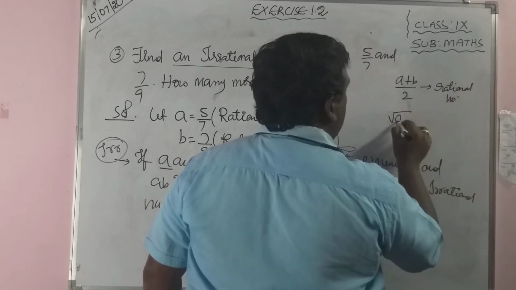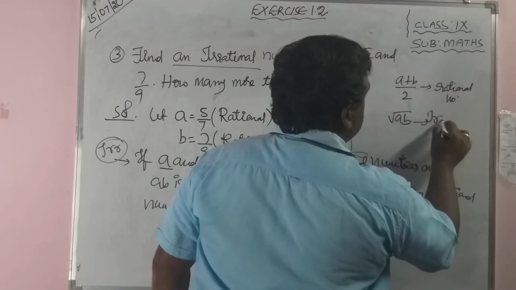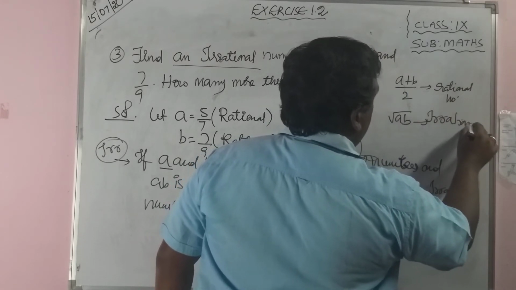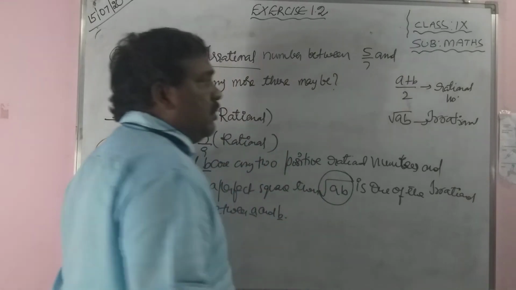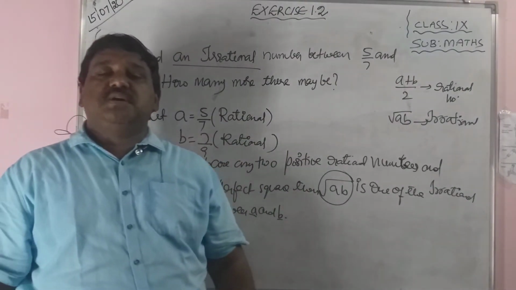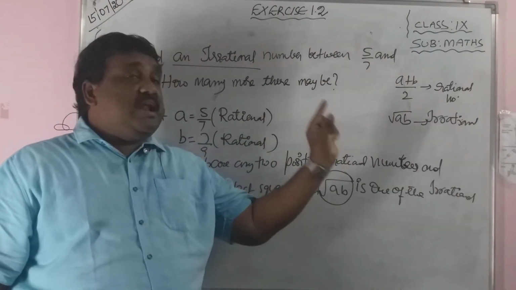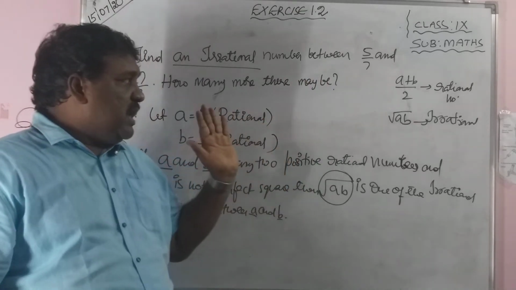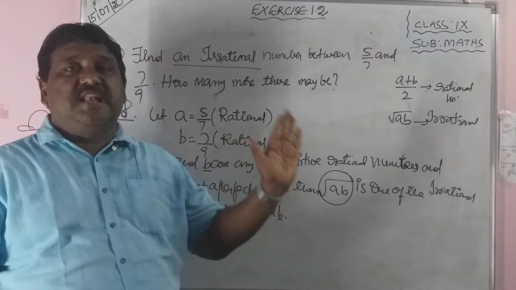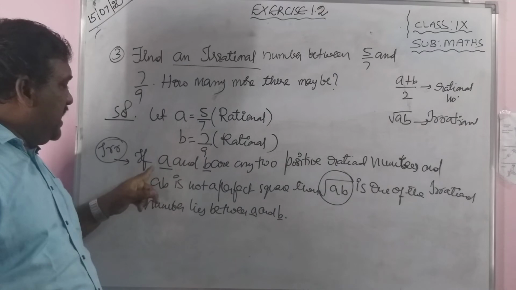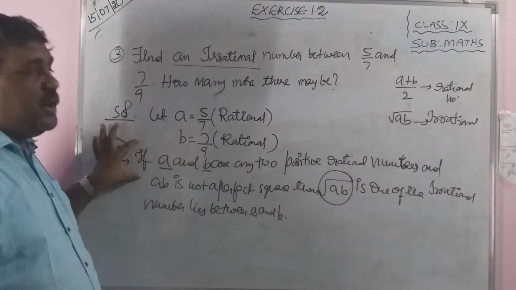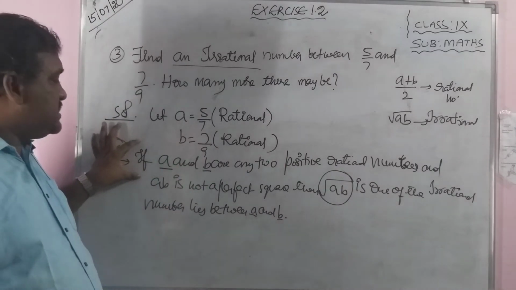Root ab is an irrational number. Write down this point clearly. It is a very important point about irrational numbers.